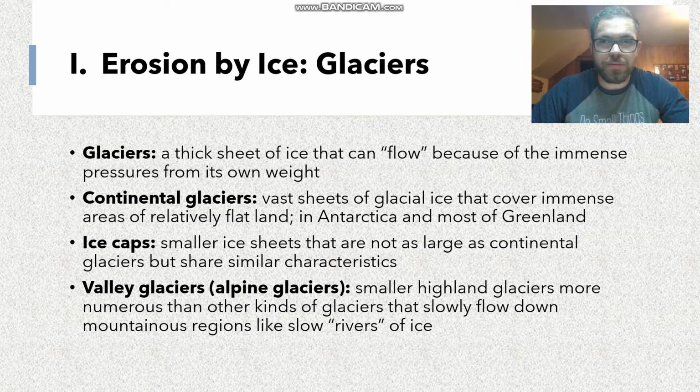Usually we find these in mountains. That's one of the differences between the continental glacier and the valley glaciers. The continental glacier is usually very gently sloping, almost flat, but the valley glacier is usually found somewhere on the side of a hill, usually a mountain.